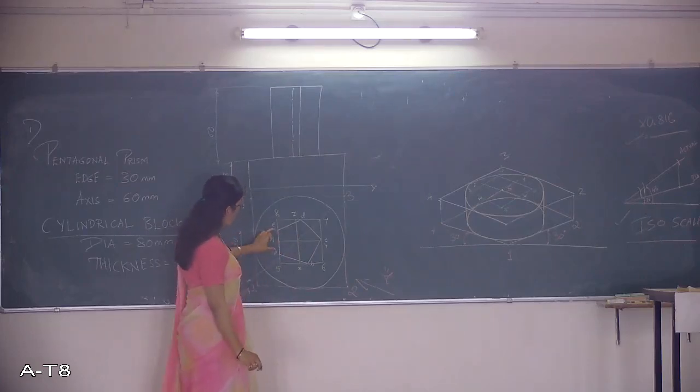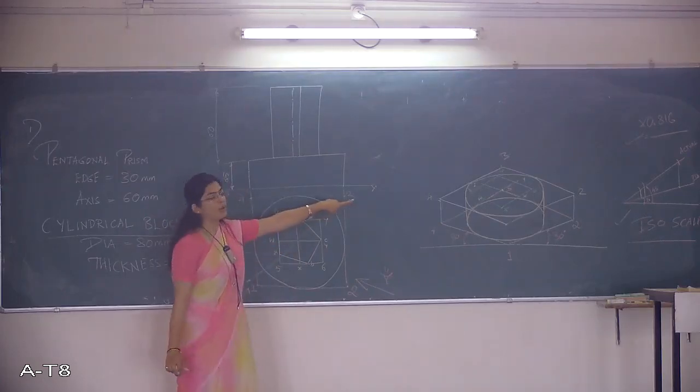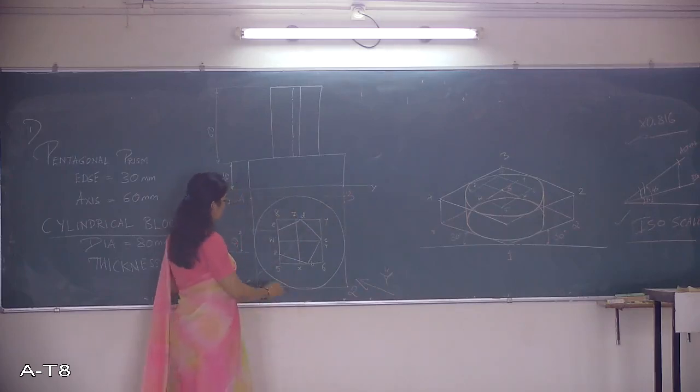So to start with, I have to start marking A, B, C, D on that square. Again refer to the iso scale values.